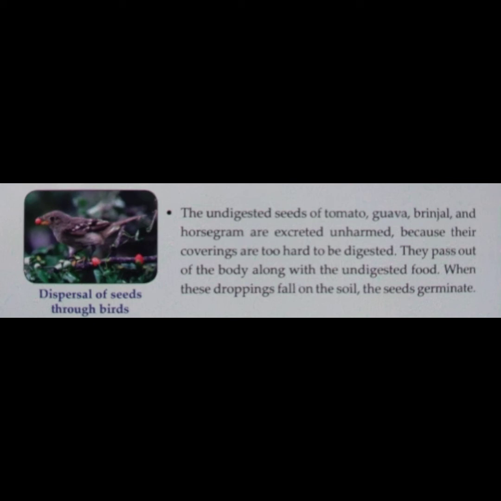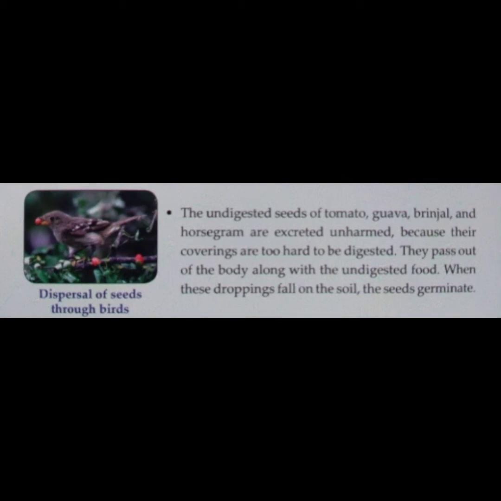The seed coat will be very hard in them. Hence, even though the fruit has been eaten, the fruit contains the seed. When the fruit is eaten by a bird or some other animal, the seeds will come out without harming themselves. They will be excreted out unharmed. So what protects them here?